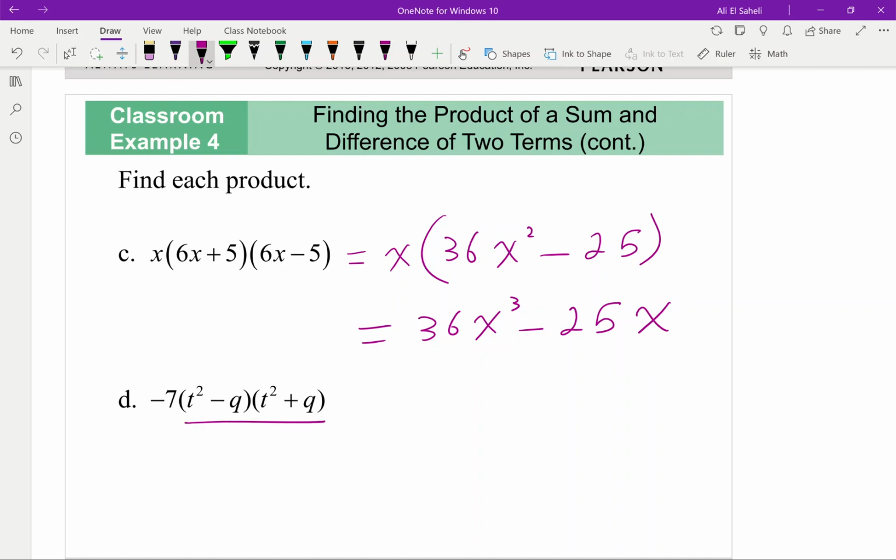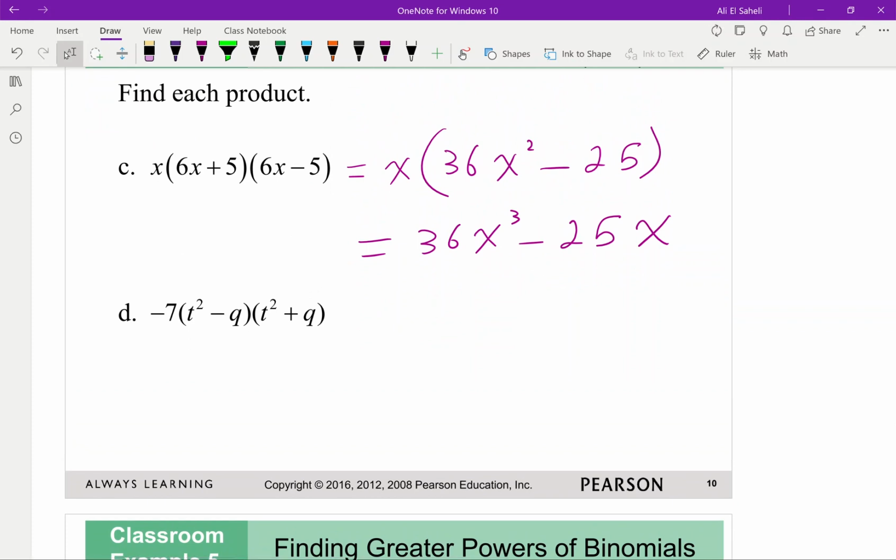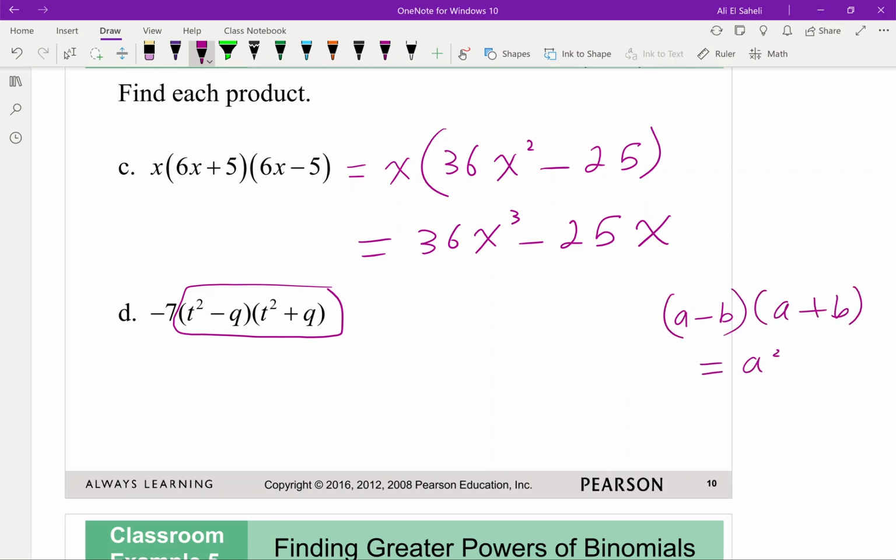Similarly here, don't let the square on the t fool you. In this scenario, we have, again, I'm talking specifically about this. What we have is a minus b times a plus b, which is a squared minus b squared. But in this scenario, a itself is t squared and b is simply q.